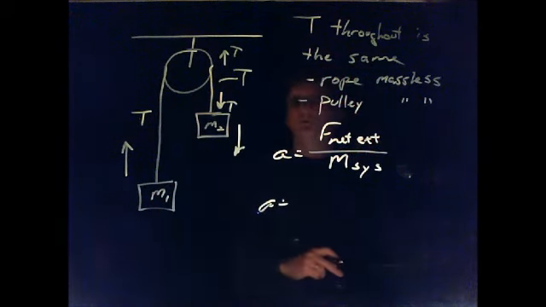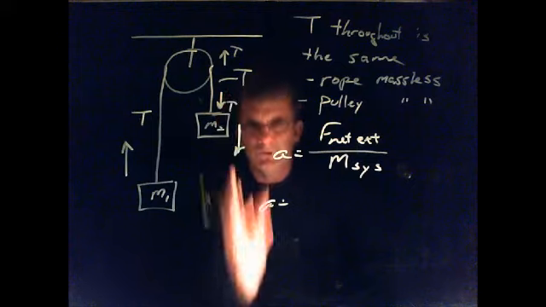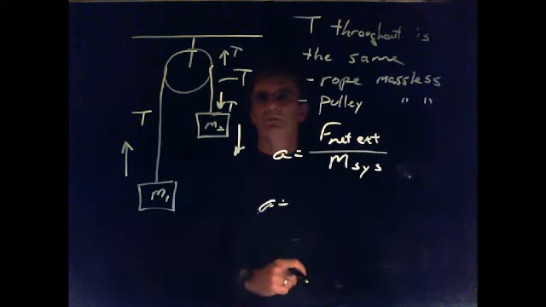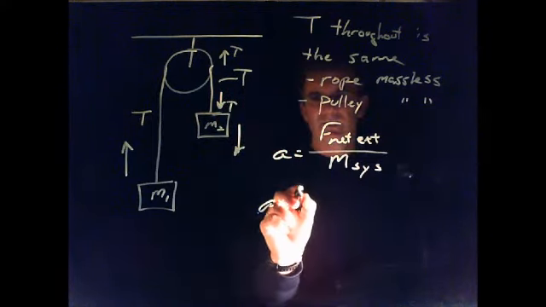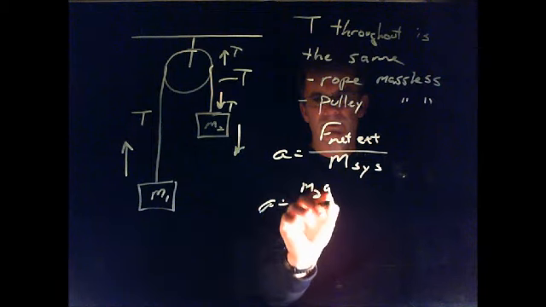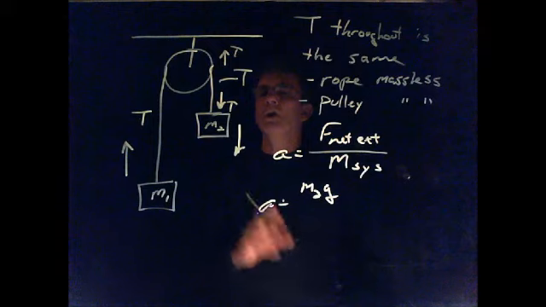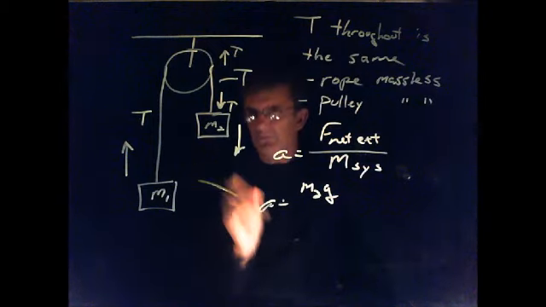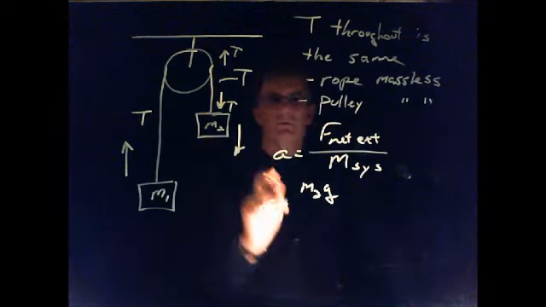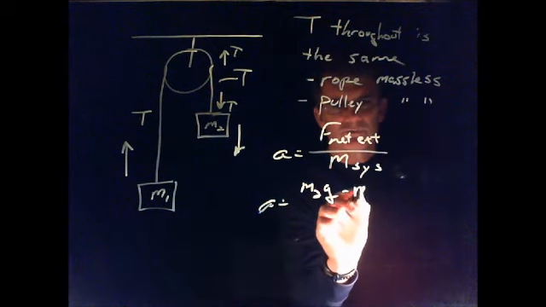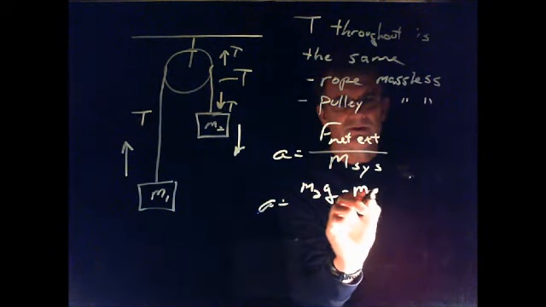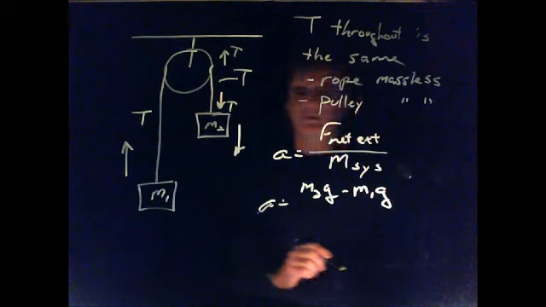The gravitational force on M2 is going to cause the system to accelerate downward. So that's a positive force. The gravitational force on M1 wants to slow it down. It acts a little bit like friction. And so that's going to slow down, or decrease, I should say, our acceleration.